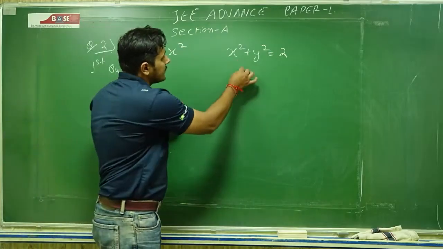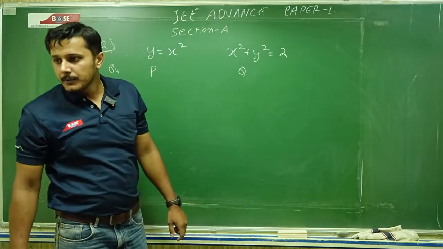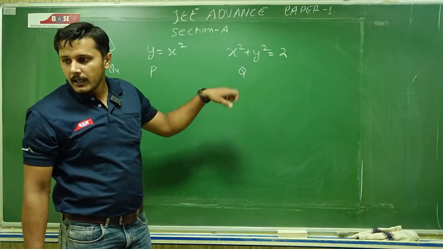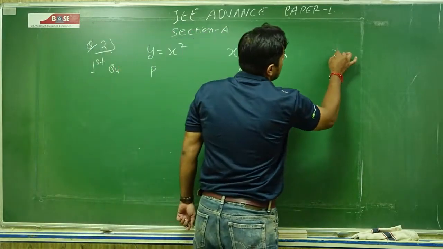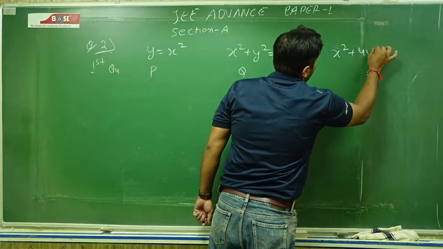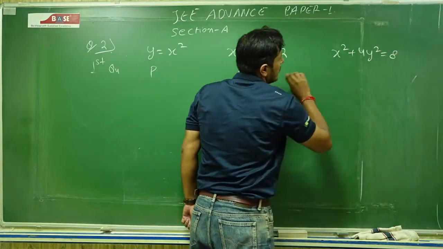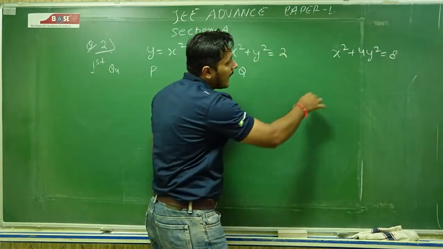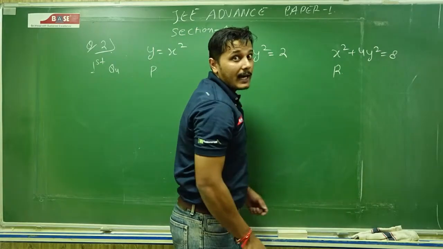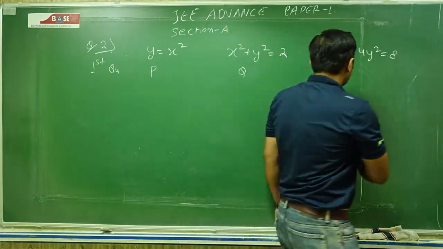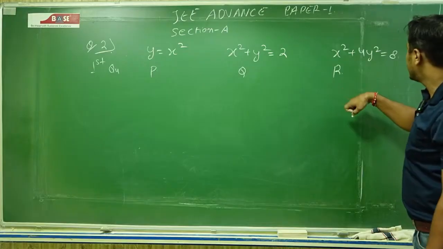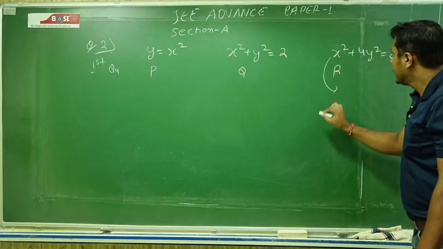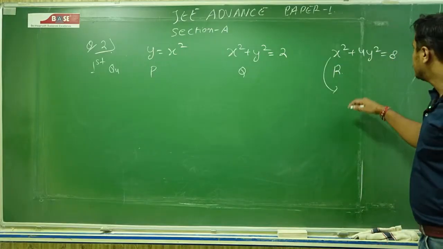One point on this is stated as Q, again in the first quadrant, and one more is there, which is an ellipse, x square plus 4y square is equal to 8. On this a point R is given, which is again in the first quadrant. So first let me convert this into the standard form.